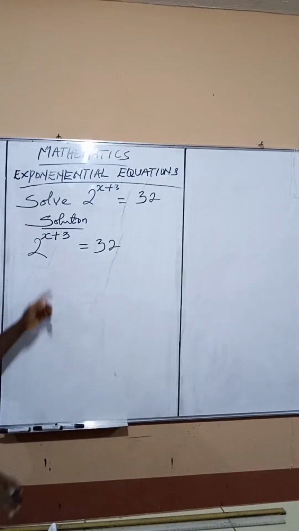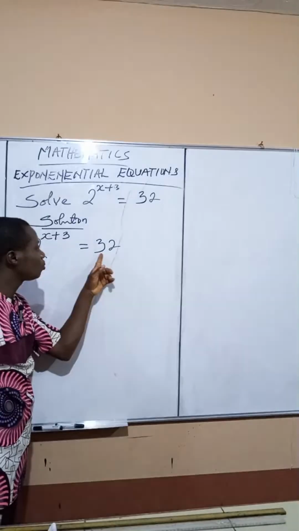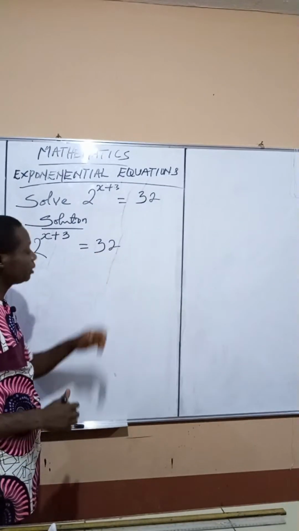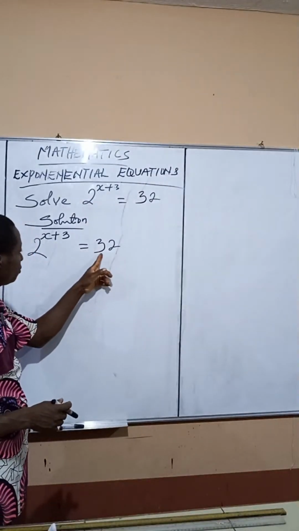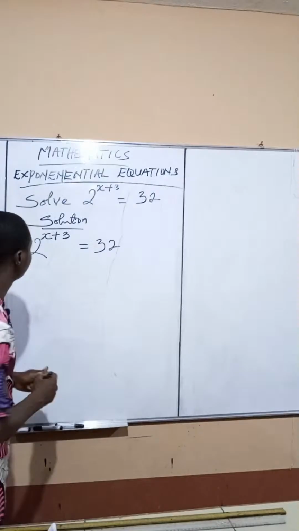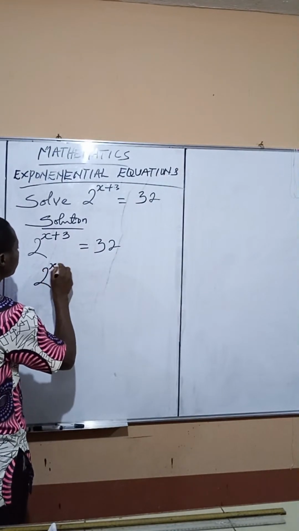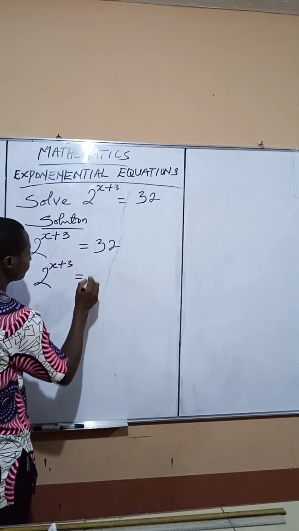Remember, it is the same principle. We are going to equate. Our plan is to equate the bases. So bring 2 here, and that gives us 2 raised to the power x plus 3.